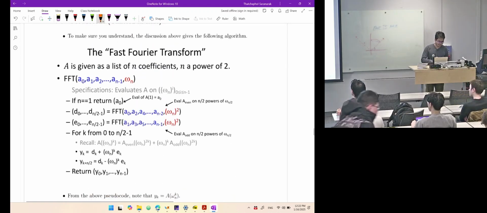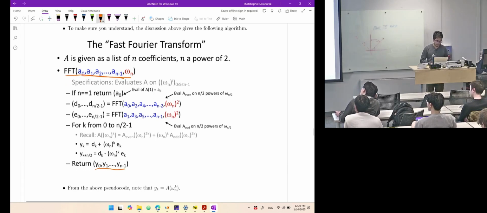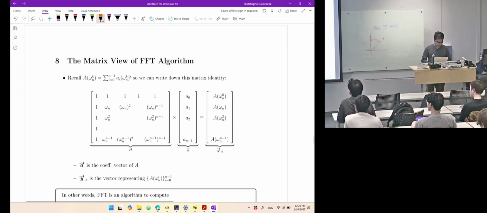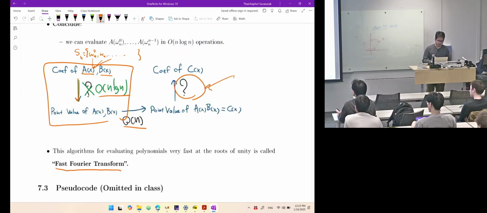But the idea is you have a polynomial represented with coefficients, and you just recurse 2 times and do the same thing that we did, and return the evaluation points. Anyway, our goal now is to do the last step here.